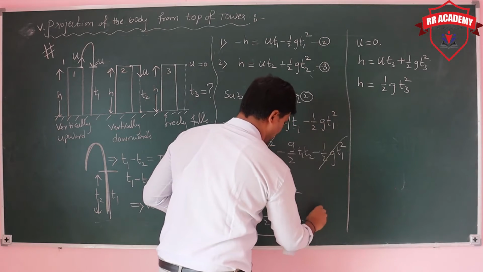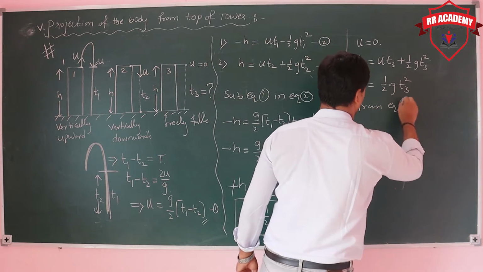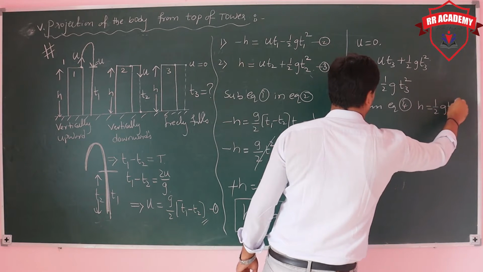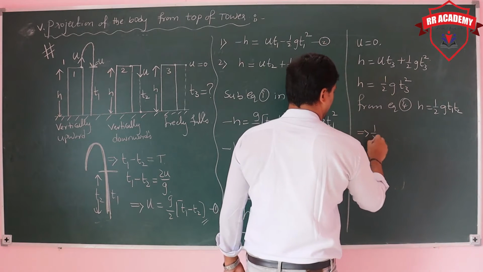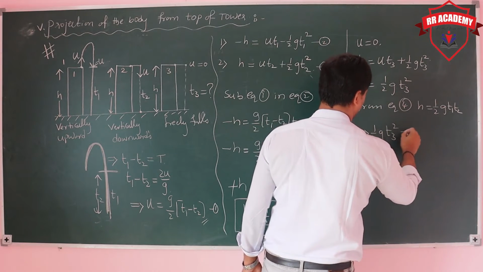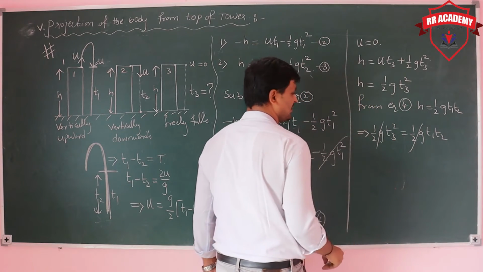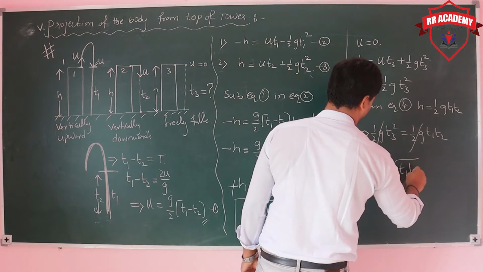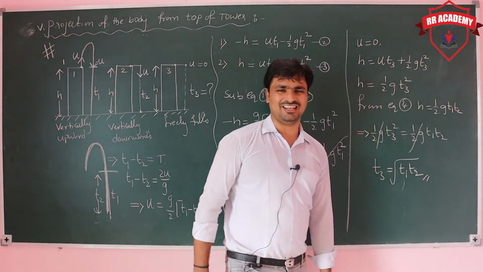But from equation 4, we know that h is equal to half g t1 t2. Just equating both, half g t3 square equal to half g t1 t2. Half g cancelled. Then t3 is equal to under root t1 t2.